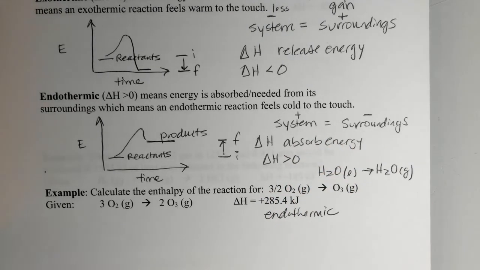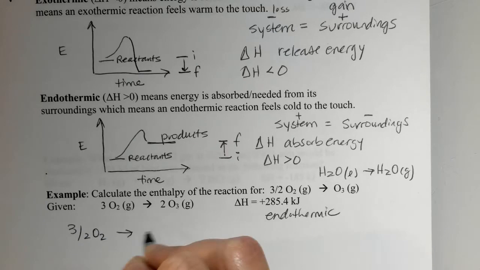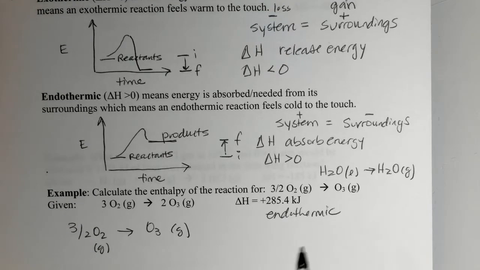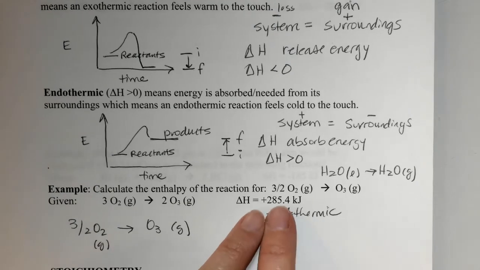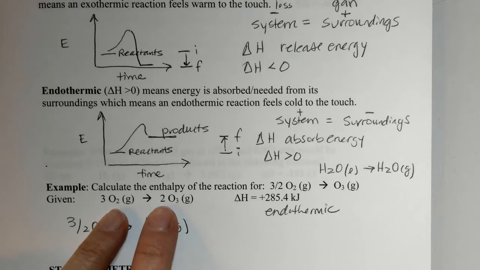It's going to absorb energy from the surroundings. And we want to look, okay, well, what would that be if I had 3 halves oxygen going to ozone? So this is going to be sort of a precursor to Hess's law. And what we can look at is when you look at your delta H, it's based on this particular reaction.